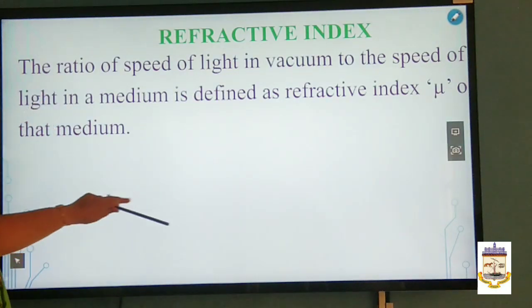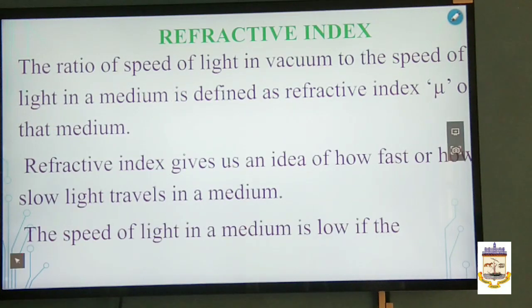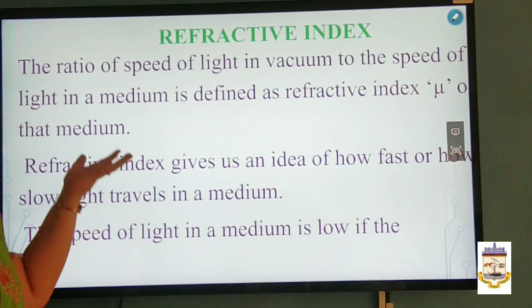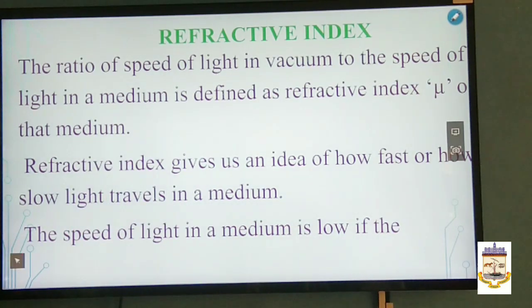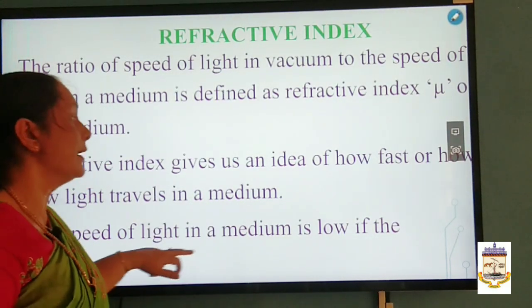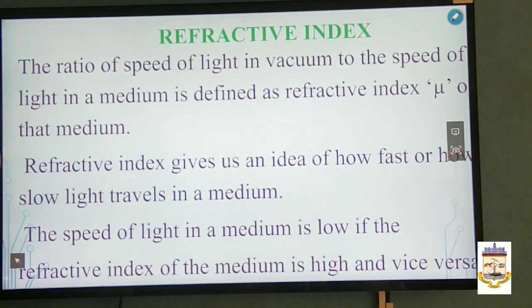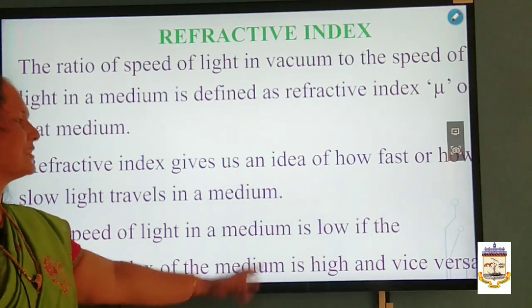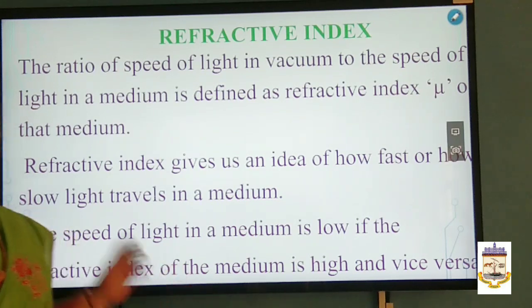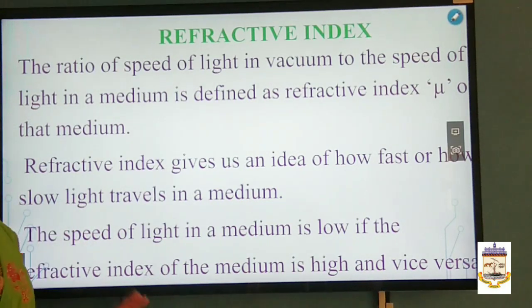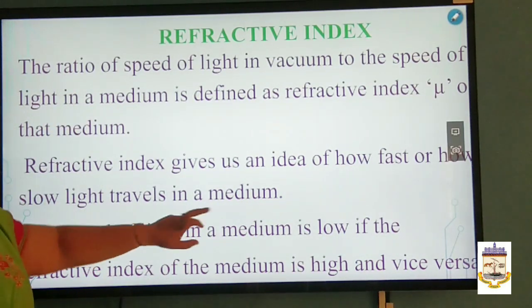This refractive index gives us a clear idea of how fast or how slow the light travels in the medium. The speed of light in the medium is slow if the refractive index of the medium is high, and vice versa. Now we have cleared what is refractive index.